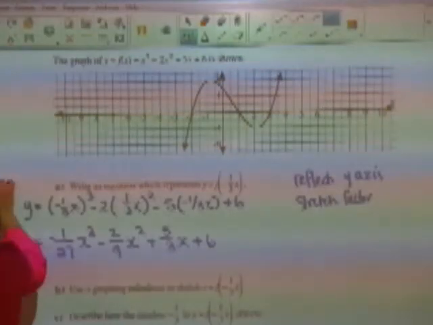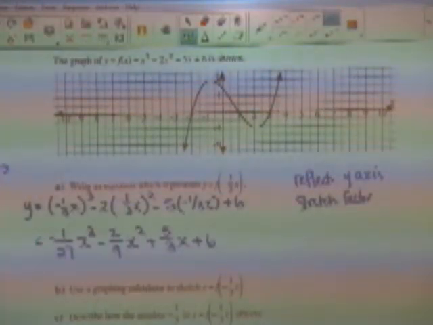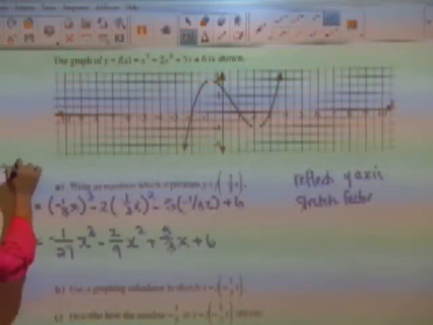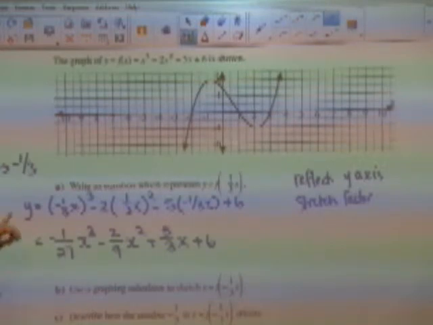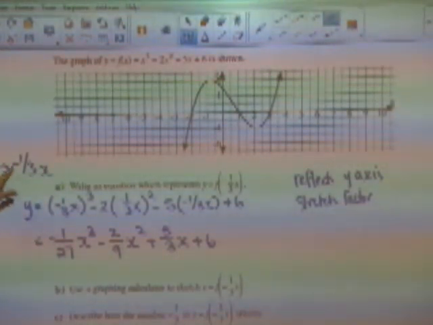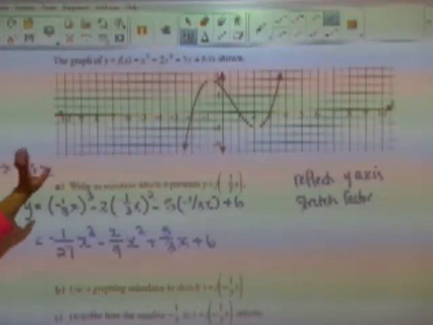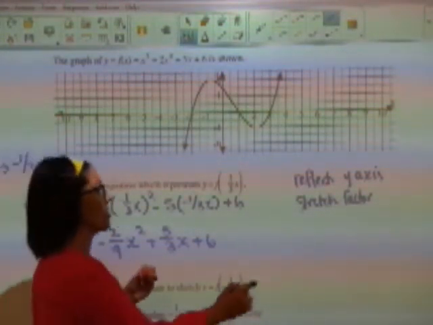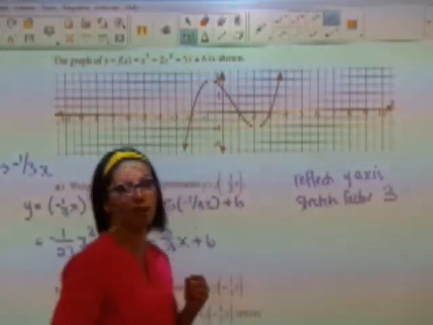What was my replacement? What did I replace x with? Negative 1/3. So what's my stretch factor? If my replacement is a 1/3, my stretch factor is going to be negative 3, or just 3. So when we talk about our stretch factor, it's just a 3.